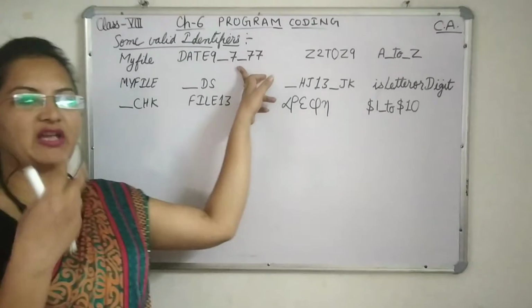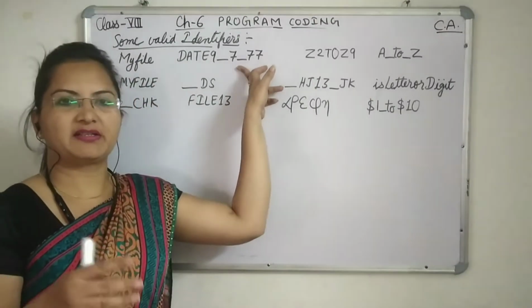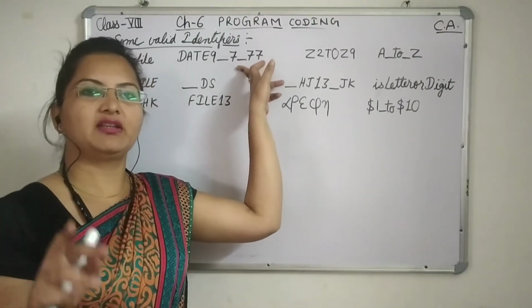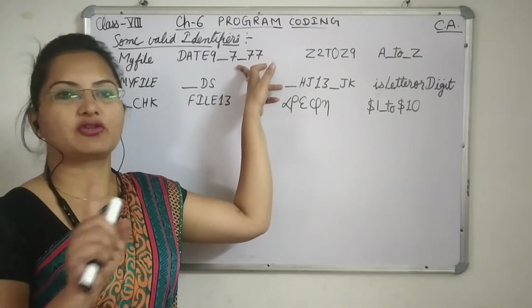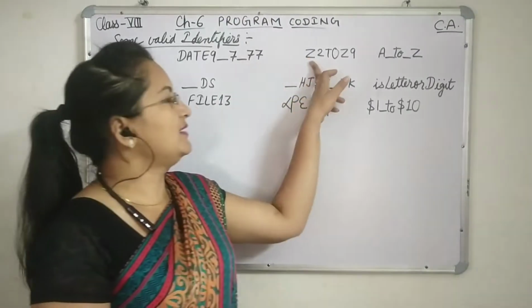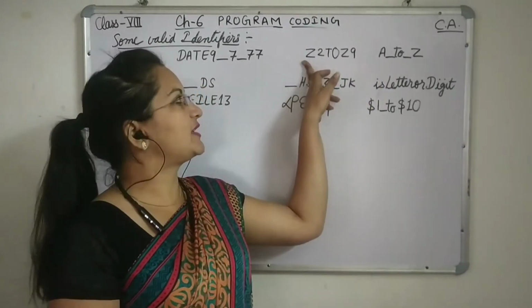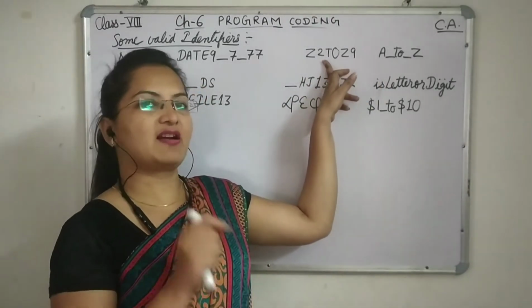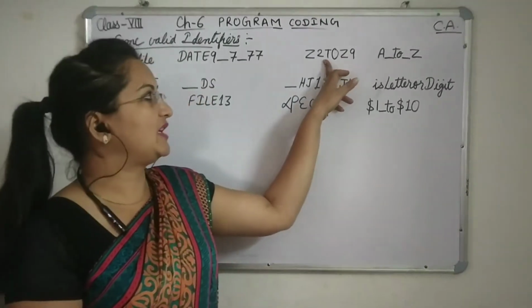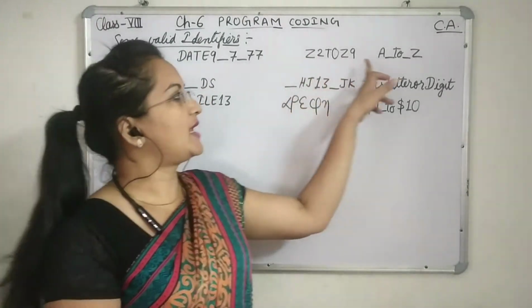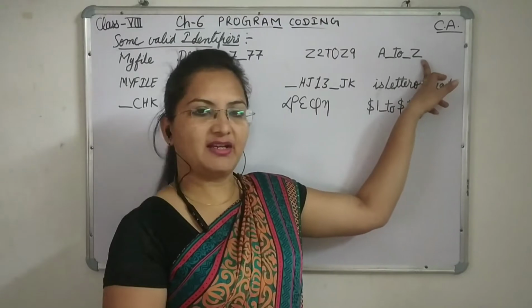If we have to separate two or more letters, numbers or words, then we can use underscore to separate. We cannot use space. Then Z to T, 0, Z9, combinations of capital letter and number. A number can start from the second position, but it cannot be there in the beginning. Then A underscore 2 underscore Z.